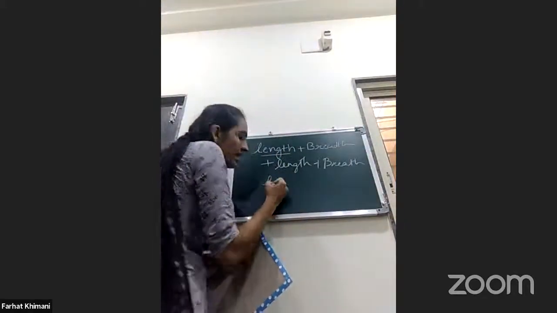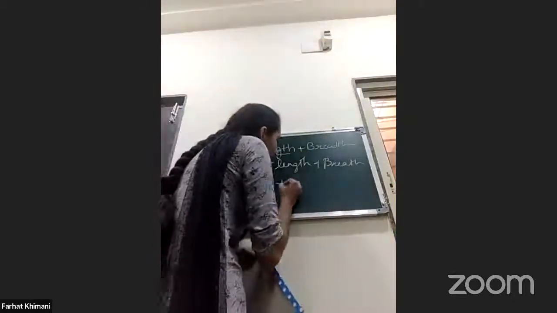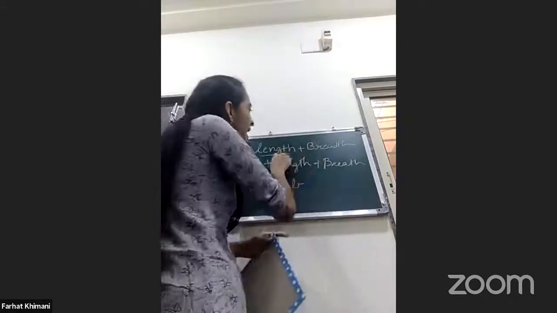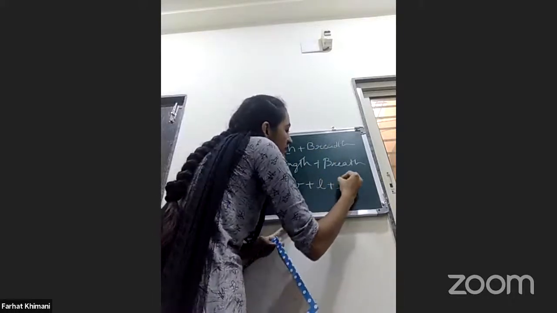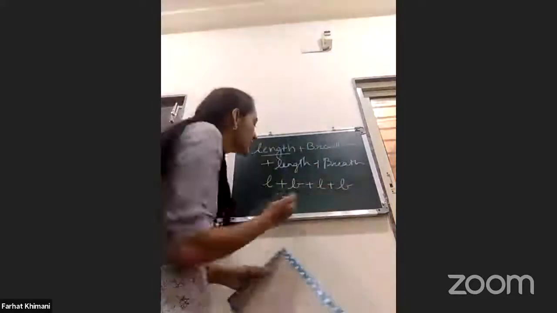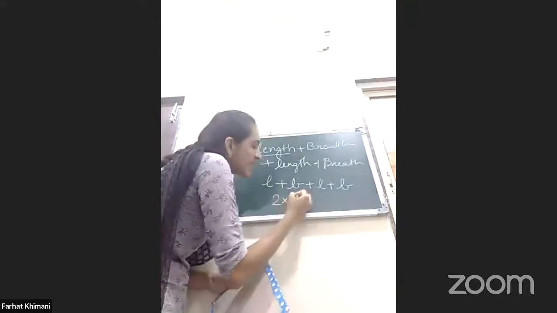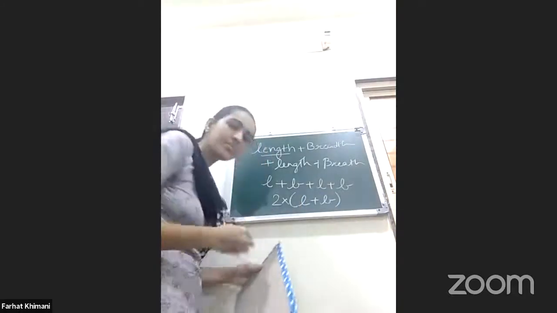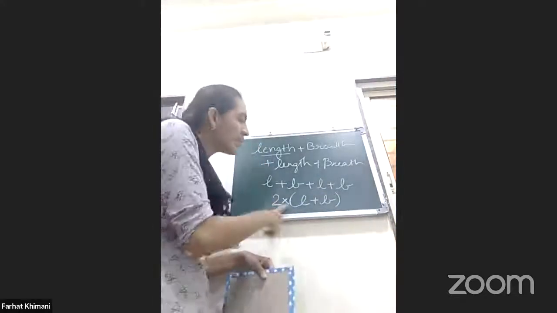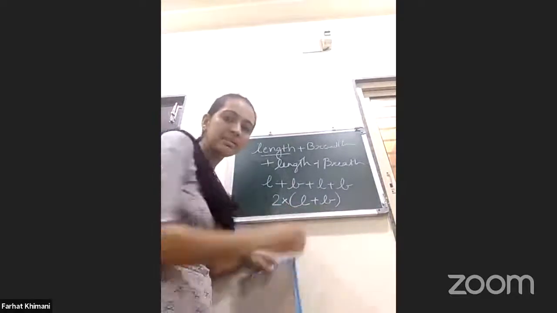Now, length is denoted by small l as we saw earlier, and breadth is denoted by small b. So, L plus B plus L plus B. So, what do we get? The formula for the perimeter of a rectangle is 2 multiplied by length plus breadth. 2 multiplied by length plus breadth.